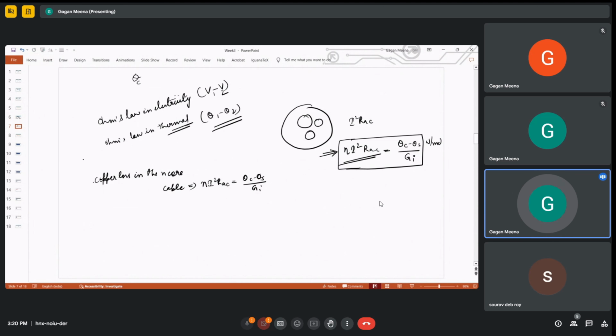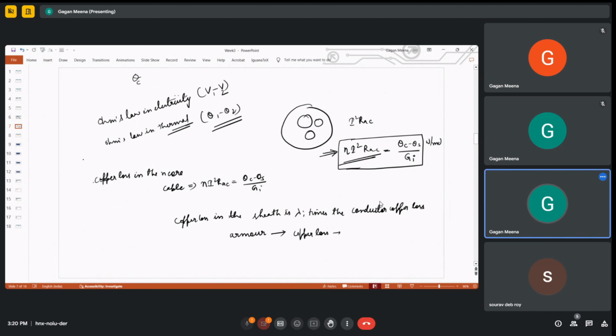And suppose the copper loss in the sheath is some lambda 1 times the conductor copper loss, and the armor thermal resistance we have already neglected, so we are considering that the copper losses in armor are also negligible.